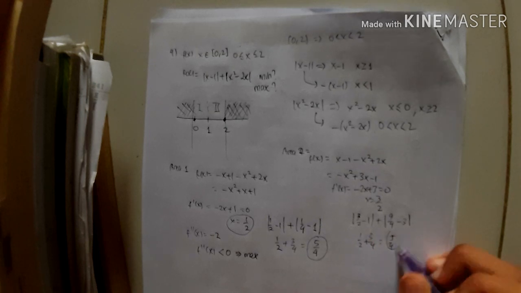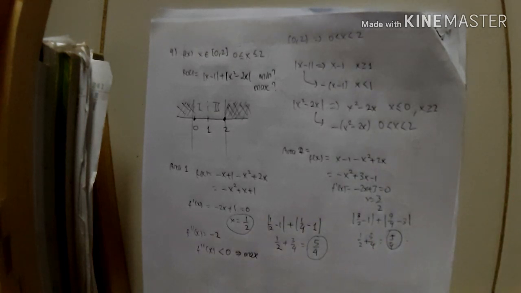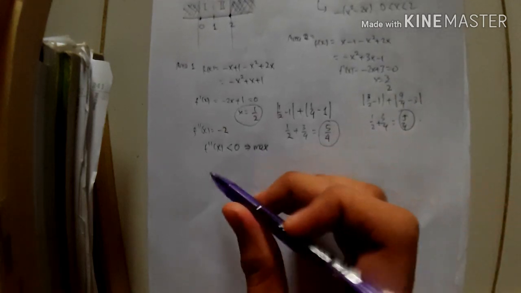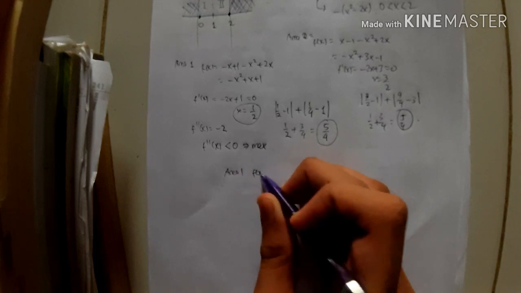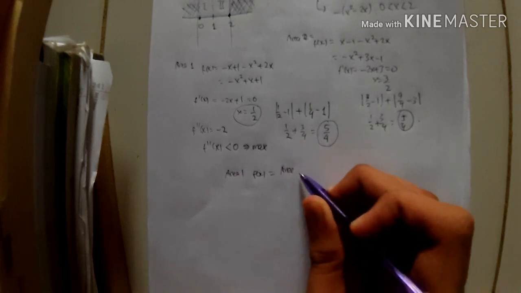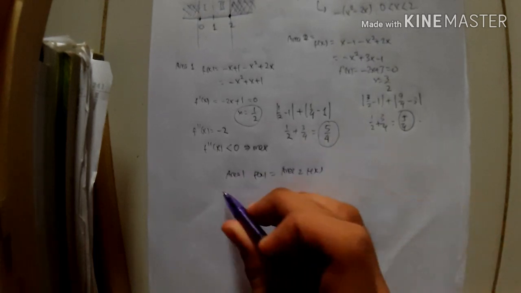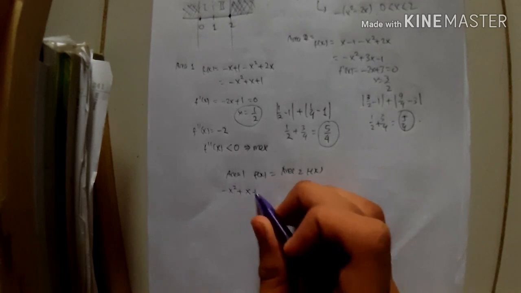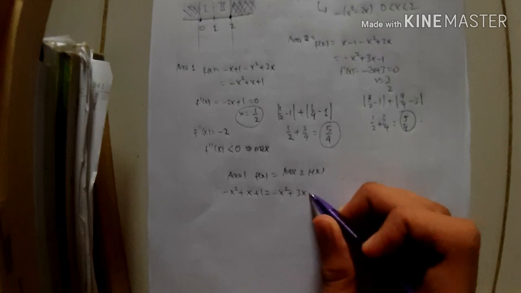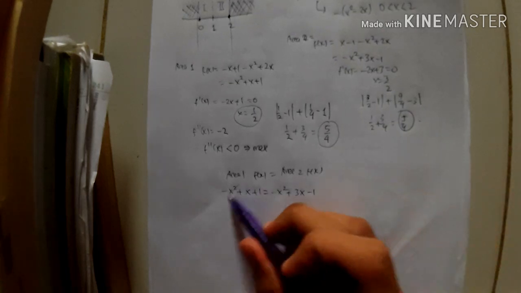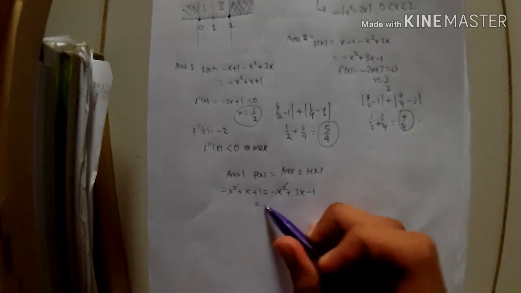Also 5/4. Okay, and now how to find the minimum value? The minimum value is when the area 1 f(x) is equal to the area 2 f(x). So minus x squared plus x plus 1 equals minus x squared plus 3x minus 1. We cancel that out. This gives 2 equals 2x, and x equals 1.